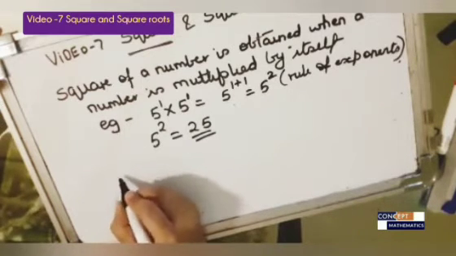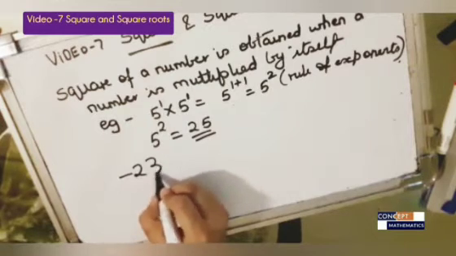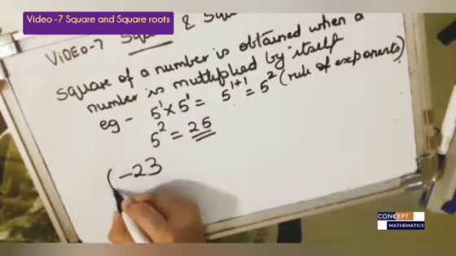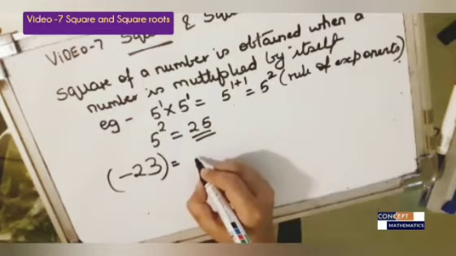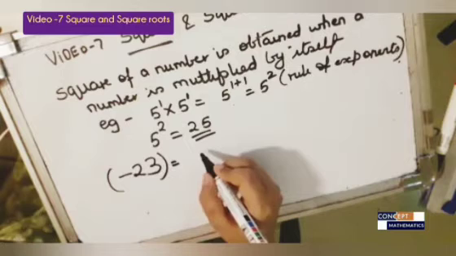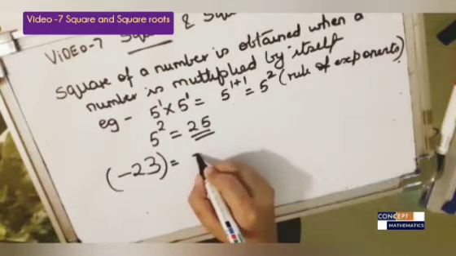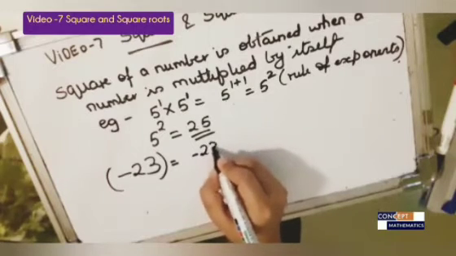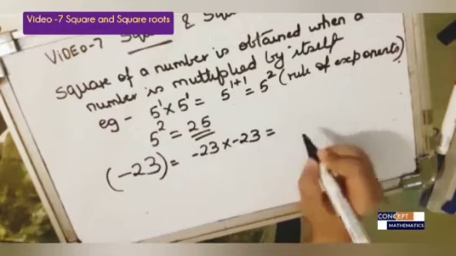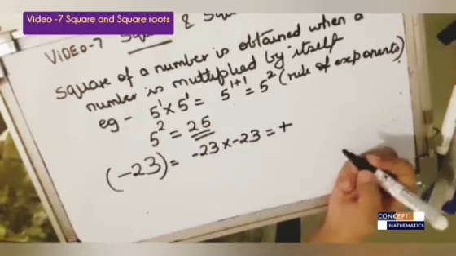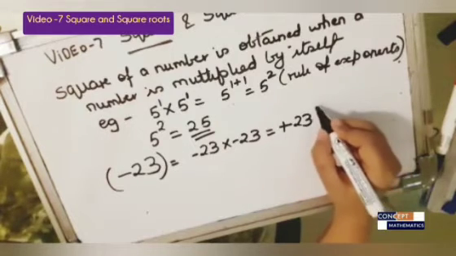And in case of a square, if it is a negative number, suppose you are finding the square of minus 23. Here the rule of algebra applies: minus 23 into minus 23. When you multiply two minus signs together, you get a positive number. So positive 23 raised to the power 2.